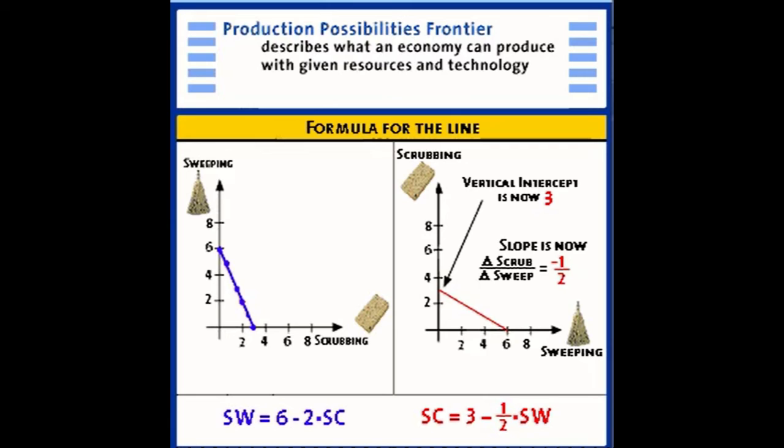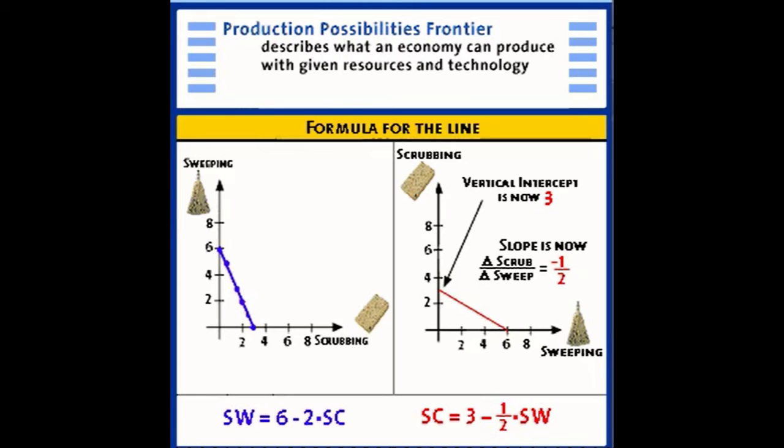Anytime Bernie sweeps a room, he's giving up 1/2 of a scrubbed room, because it takes half as long to sweep a room as it does to scrub the room. So there you have it, Bernie's production possibilities frontier. Scrubbing is equal to 3 rooms max minus 1/2, the opportunity cost, times each room that he sweeps.